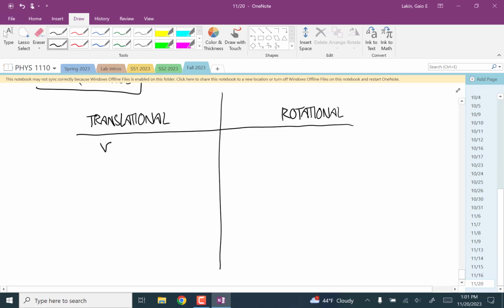So for particles, there's the velocity v. For rotational, there's the angular velocity omega. For translational, there's the acceleration vector. For rotational, there's the angular acceleration.